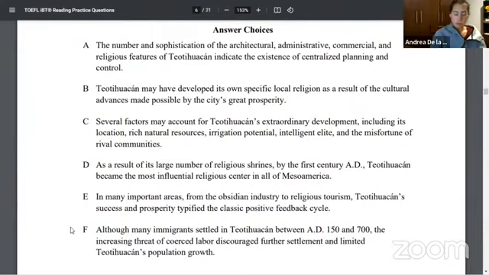Guys, so what do you think? Which three options would you choose? What do you think?